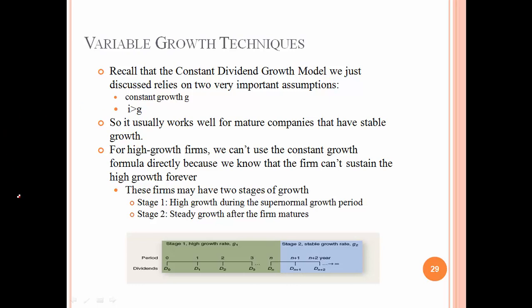When that happens, we can map the two stages of growth in this timeline. As you see here, in the first 3 years you have a high growth rate, and we call this G1. And then later you have the so-called stable growth rate, that's G2, that applies to the later years till forever.